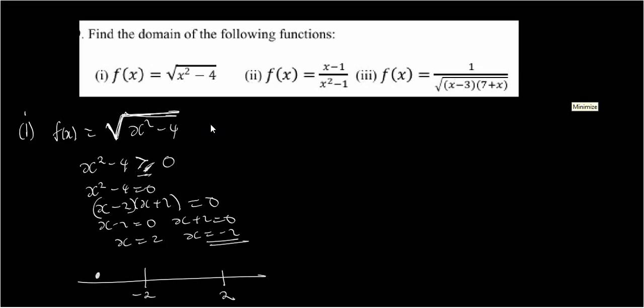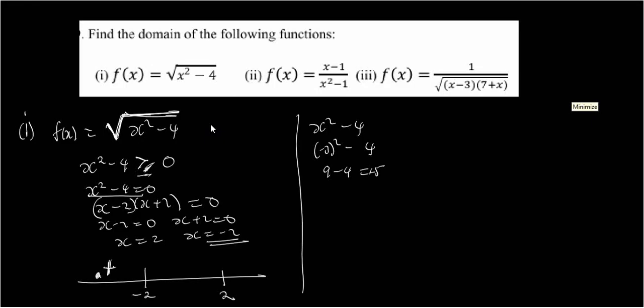This side will get the numbers that are less than negative 2. What are the numbers less than negative 2? Negative 3. If I put negative 3 here, this is 9 minus 4. What's the answer? It's positive 5, so this side is positive.